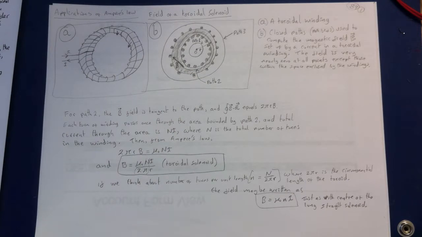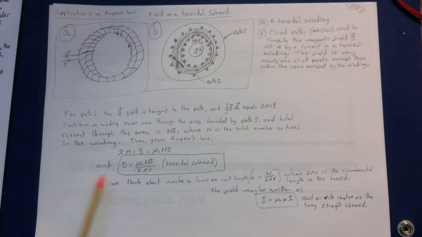A circle of radius r, again by symmetry, the B field is tangent to the path, and the closed path integral of B dot dl equals 2 pi r B in this case. Each turn of the winding passes once through the area bounded by path 2, and the total current through the area is N i, where N is the total number of turns of the winding.